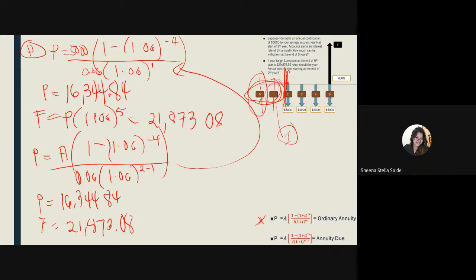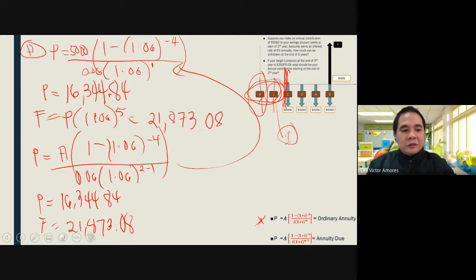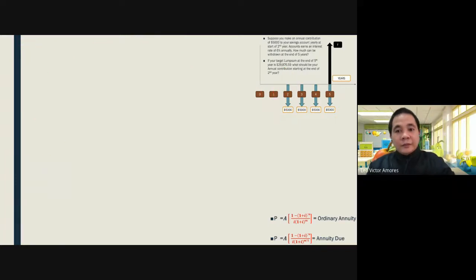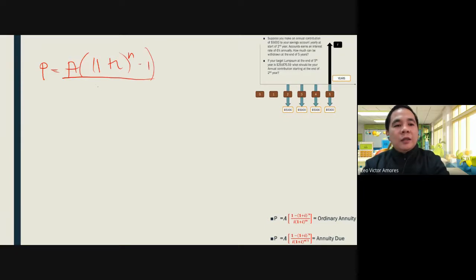Yes, sir. Thank you. Okay, so I'll try to solve it using another method. Basically, your P is equal to A times (1 plus i to the exponent n minus 1) divided by i times (1 plus i to the exponent n). This is the present value of an annuity, the ordinary annuity equation.